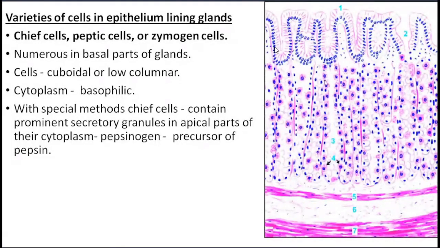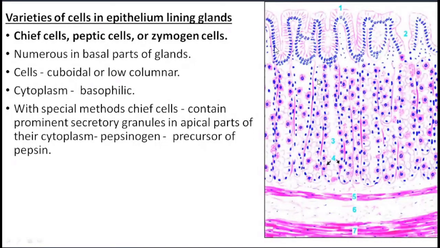You can see these long structures; these are simple tubular glands. They are present at right angles to the mucosal surface, and the glands open into the gastric pit. This is the gastric pit, and this is the opening of the gland into the gastric pit.